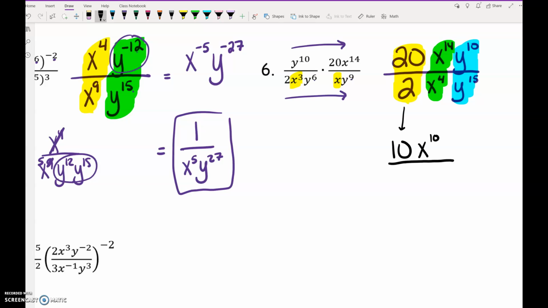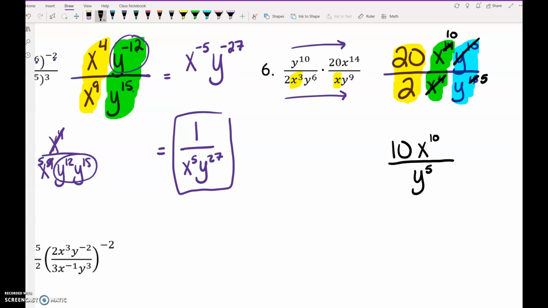And then 10 minus 15 is negative 5, so we have y to the negative 5th, which would then move to the bottom and be y to the 5th on the bottom. The other way of thinking about it, these 4 x's will cancel out 4 of the 14, leaving 10 left over. The 10 y's on top will cancel out 10 of the 15, leaving 5 left over.